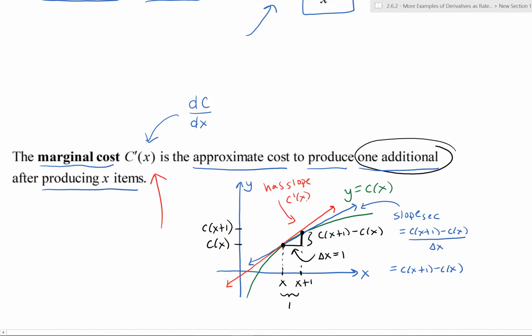And since the slope of the secant line is telling us this change, well, the slope of the tangent line is approximately equal to that same thing. And so that's why we say, okay, if I use the rate of change of the cost at x, that is a good approximation, because we're only 1 unit away from x, to coming up with how much it would cost to produce one additional item after x.